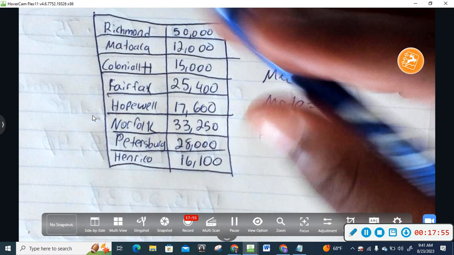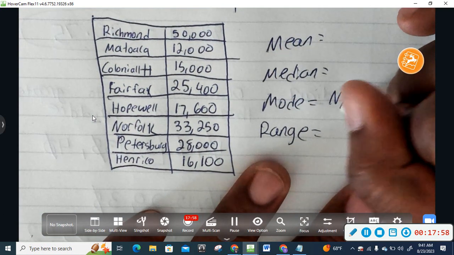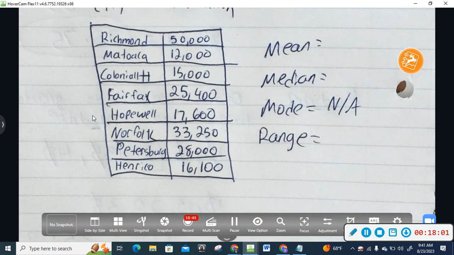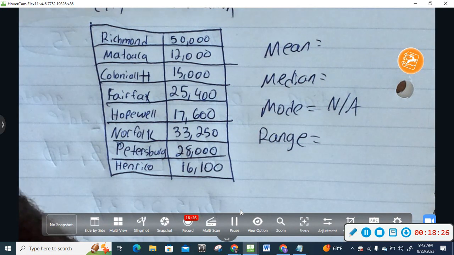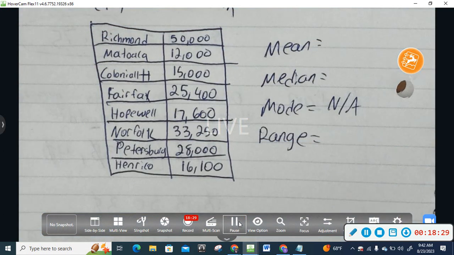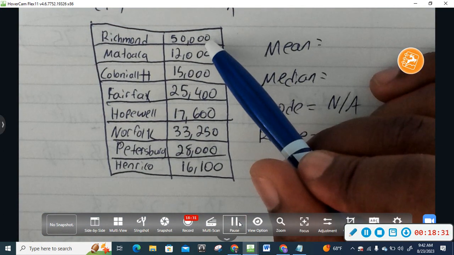Alright, so let's find range. We know mode. We don't have one, so I'm just going to write NA because we don't have a mode. Not applicable. I think that's the word. Alright, so I'm going to find the range, which is biggest minus smallest right now. Alright, good. My biggest number right now is 50,000.